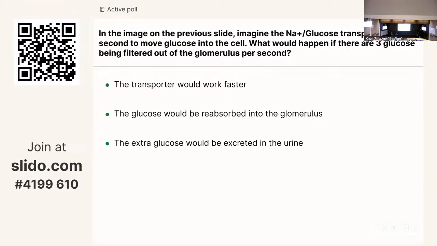So what do you think is going to happen if we've got 3 glucose swimming by this single sodium glucose transporter? Okay, let's take a look.